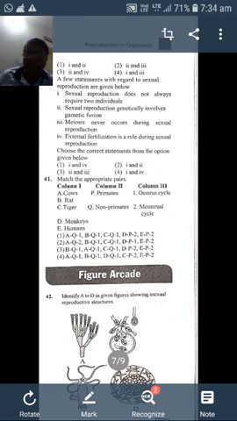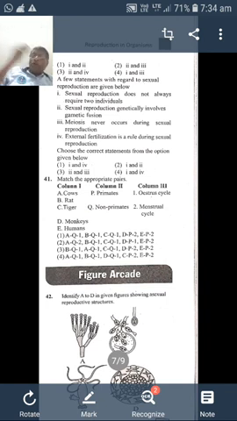Now, the below diagram, just observe. It represents what? Budding, binary fission, then fusion, zoospore. It is the yeast one, yeast. Okay? It represents the budding. Examine the figures given below and select the right option out of 4.